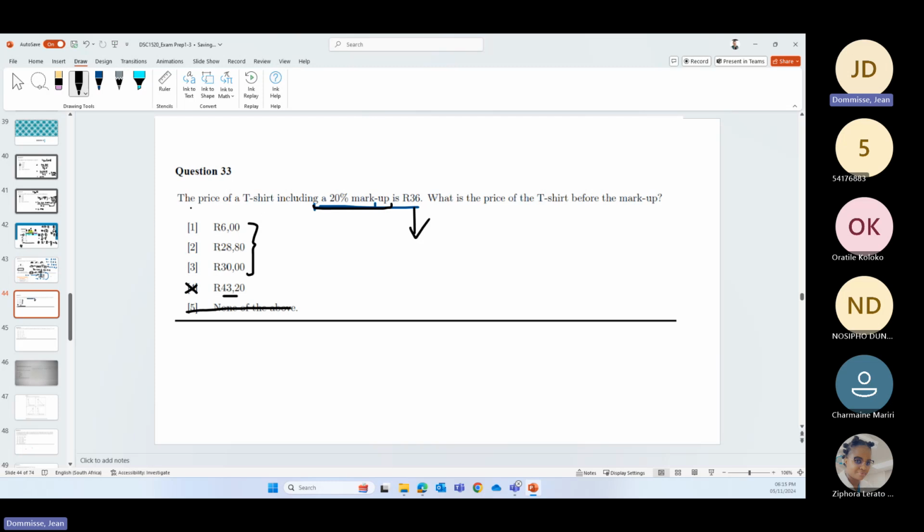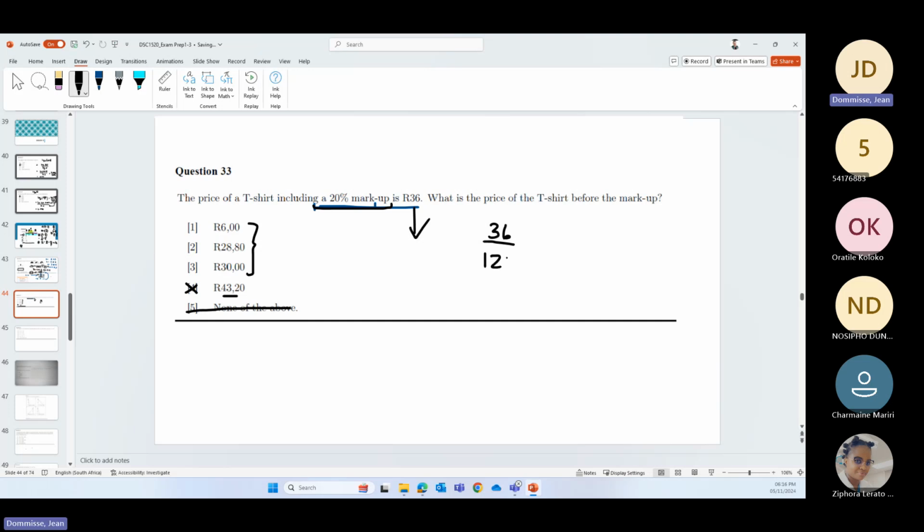Okay, so let's see how we do that. We can do it in two different ways. If you do a 20% markup, you basically say that something cost 20% more.